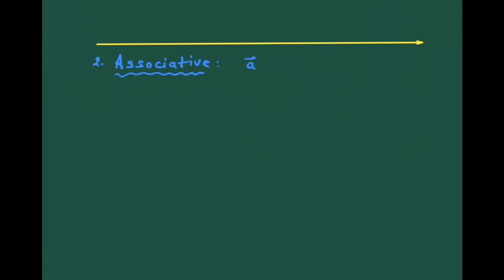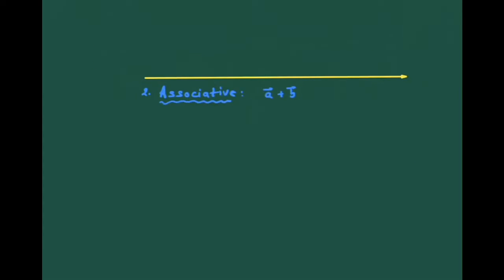Next property is vector addition is associative. It means vector A plus vector B plus vector C is equal to vector A plus, in bracket, vector B plus vector C. Consider A vector, consider B vector.